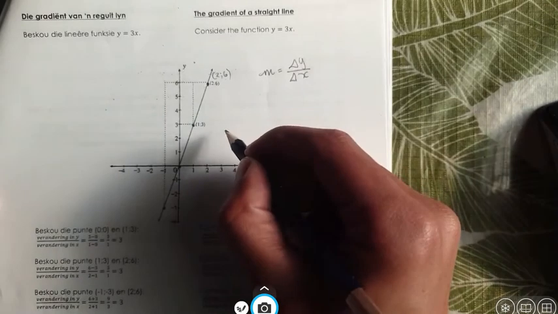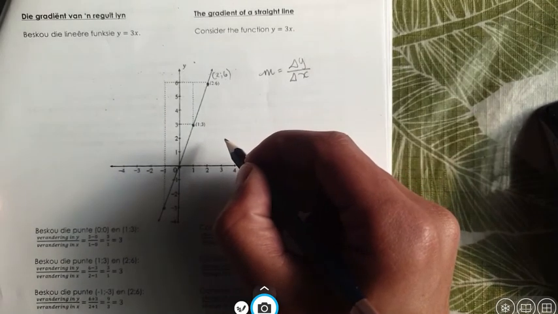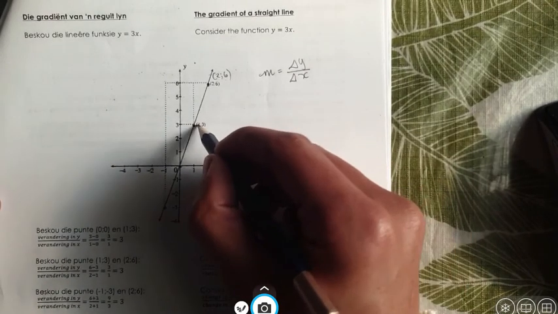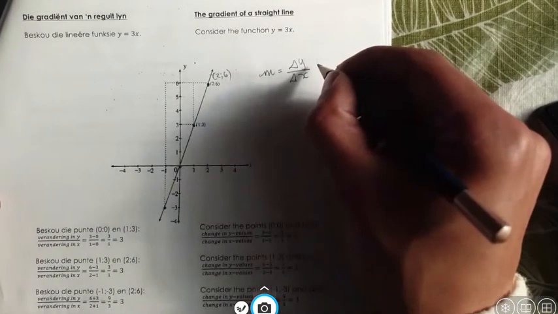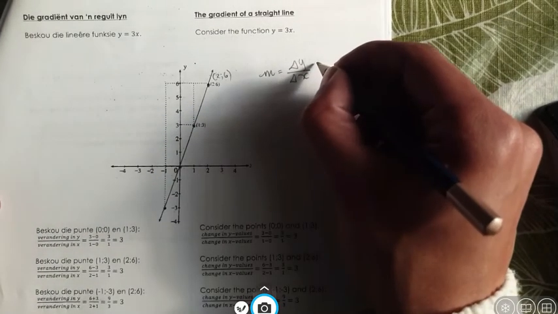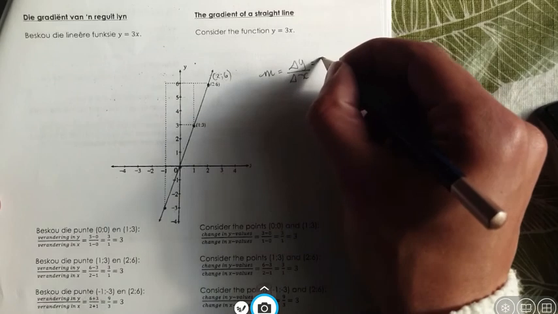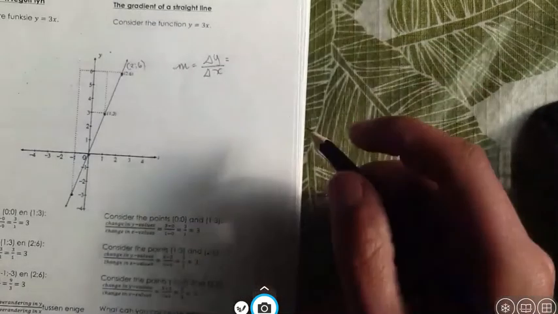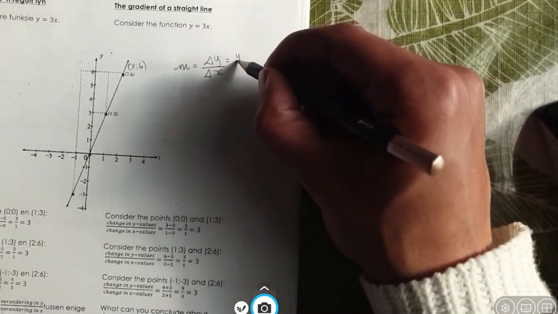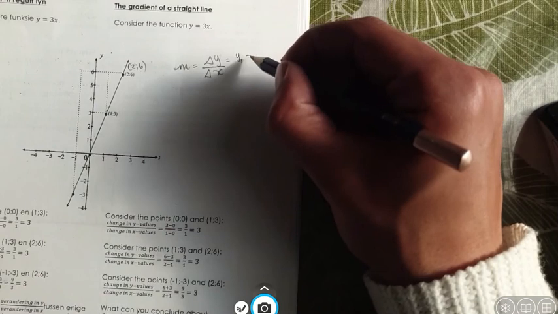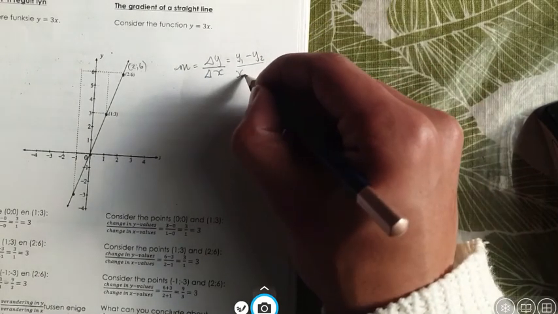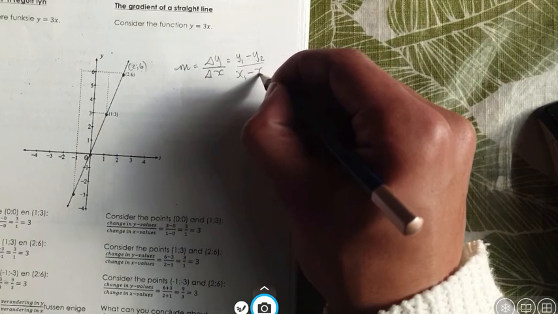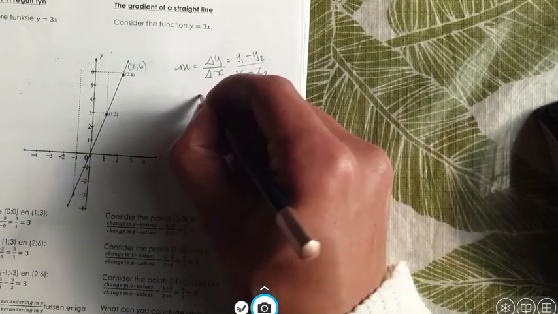Alright? So how do we determine the difference of something? We minus. So this formula goes further and it looks like this. It's going to be y of 1 minus y of 2 over x of 1 minus x of 2. And what does that mean?